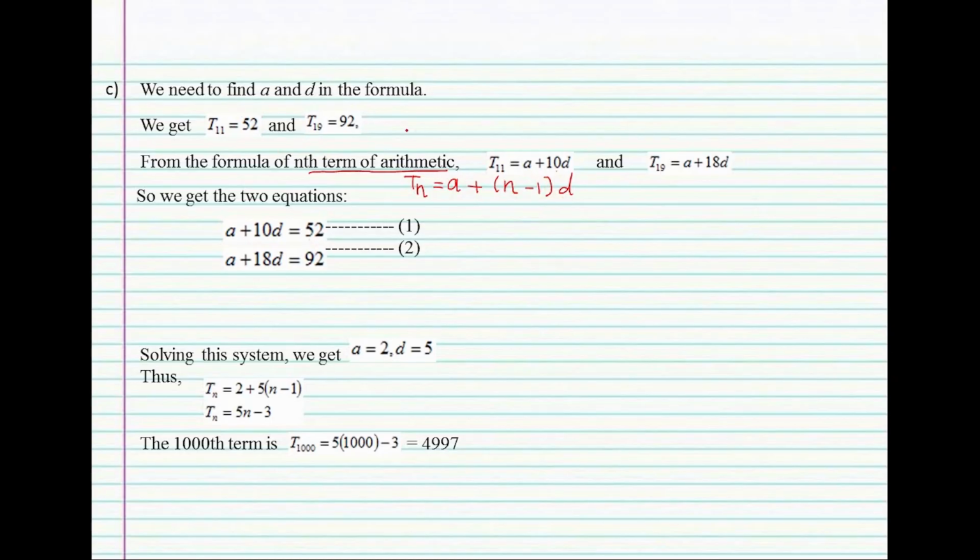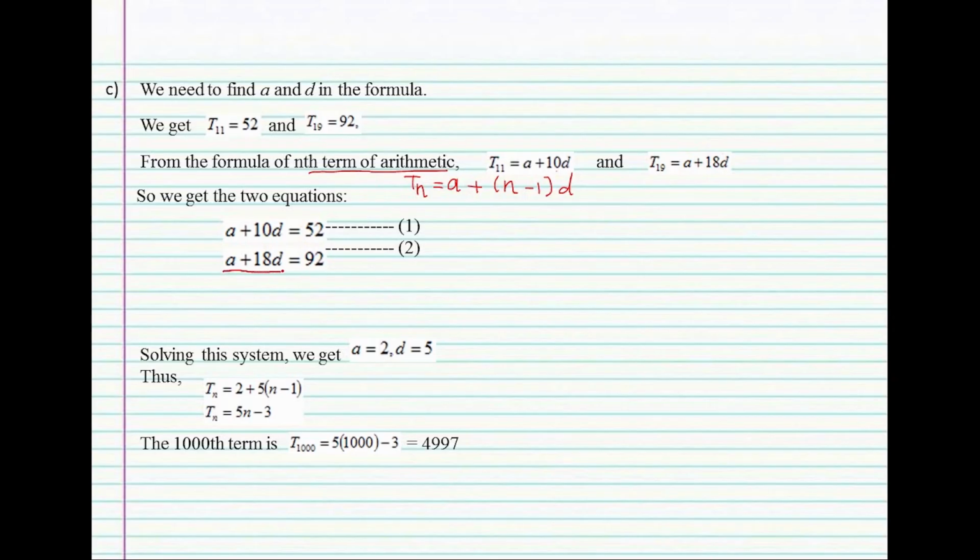And then we use the second information, T sub 19 equals 92. By substituting 19 in this formula, we will get T19 equals A plus 18D, and the value of this one is 92. So here we go, the second equation.